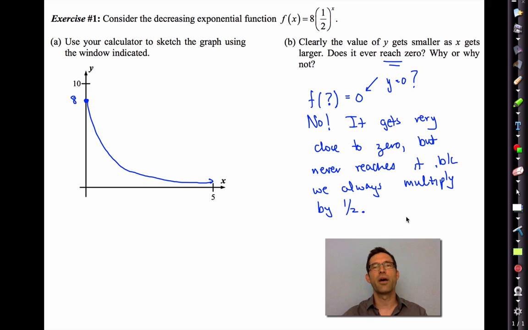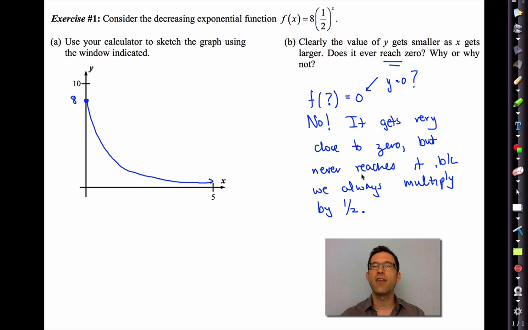The only way to multiply and get to 0 is if we're multiplying by 0. But even though our result will get very small, if we keep multiplying by 1/2, there's always going to be half remaining, right? So we go from 8 to 4 to 2 to 1 to 1/2 to 1/4 to 1/8 to 1/16, etc. Yeah, they're getting smaller, much, much, much smaller, but they're never reaching 0.